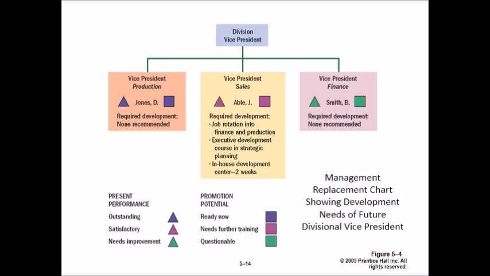These are three internal candidates who can replace the existing vice president of the division. If you take the different colors, these different colors differentiate between the three candidates in terms of capabilities, performance and promotability.